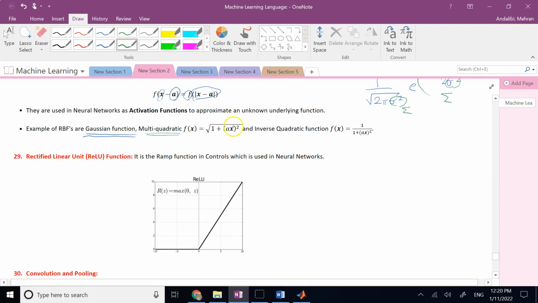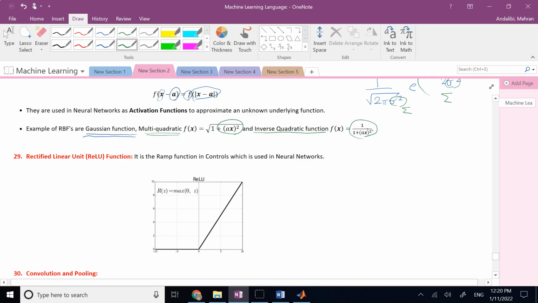If I have a vector x, I multiply it by magnitude a, take the norm of that, square it, add a 1 to it, and take a square root. Again, here it's just a magnitude term. Or you might bring that to the denominator, and 1 is divided by that whole thing instead of the square root. We call it the inverse quadratic function.